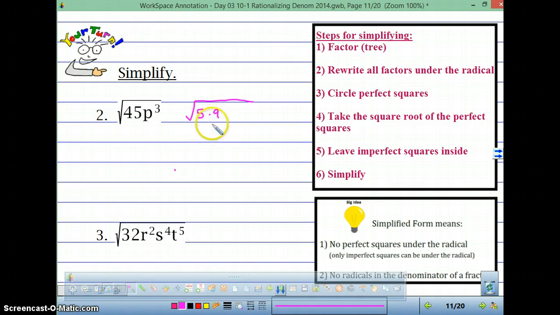I know that 9 is a perfect square. I've also got p cubed. Watch what I can do with that. I can split that. That's the same thing as p times p times p. I could write it out as p times p times p over here, or I could write it out as p squared times p. Doesn't really matter.